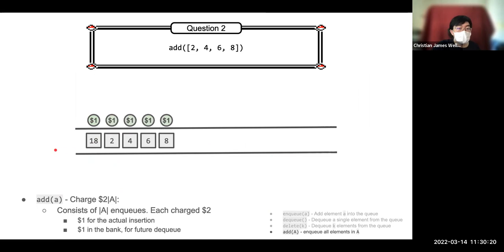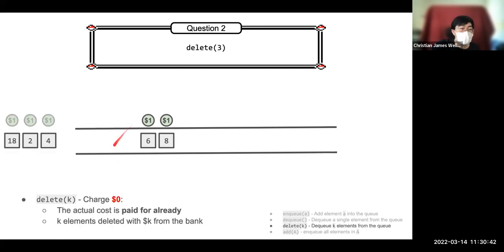Adding the array A, you charge $2 times the number of elements, same as before, because you can think of adding the size of A elements as multiple NQs. Each of them is charged $2, $1 for the actual insertion, and $1 in the bank for a future DQ.